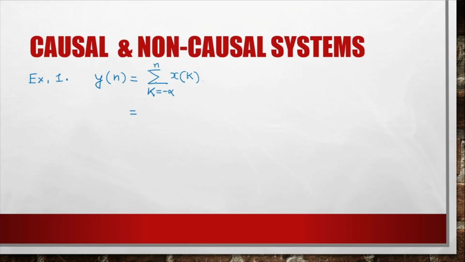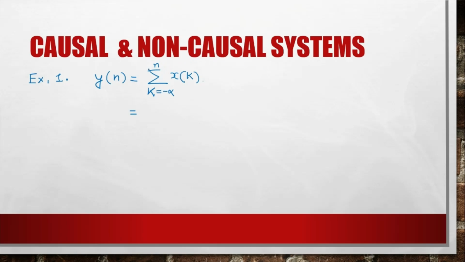So what are we getting? If n is the present value, definitely the maximum value is n, and all the other values are past values, that is x of minus infinity, x of minus 1, x of 0. In this way we are getting the value of x of n.